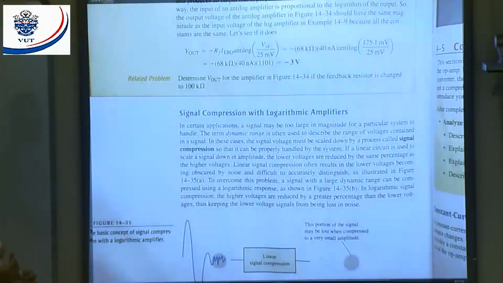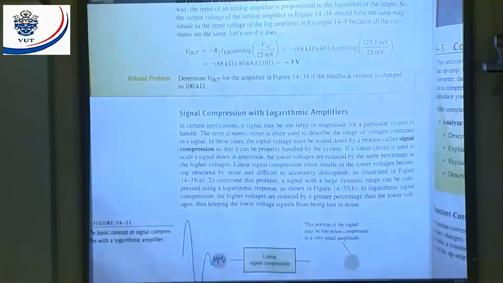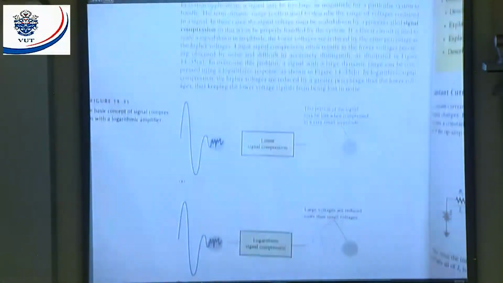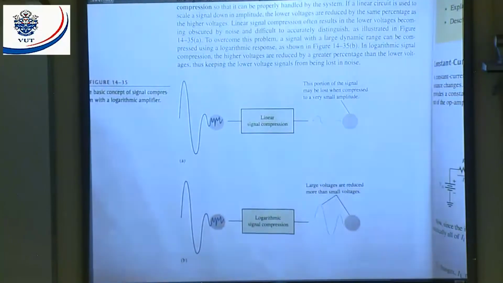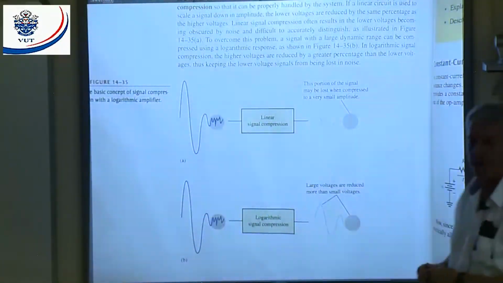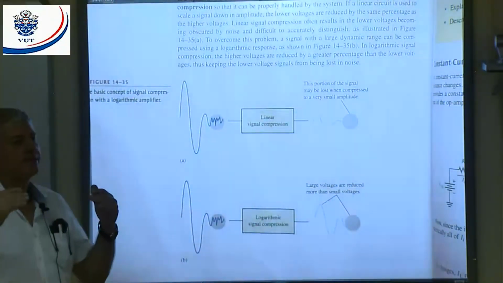Now this is one of the main applications of log amplifiers, signal compression. Let's quickly look at this signal compression. If we look at a linear signal compression, that means I'm going to compress everything of that signal exactly the same.